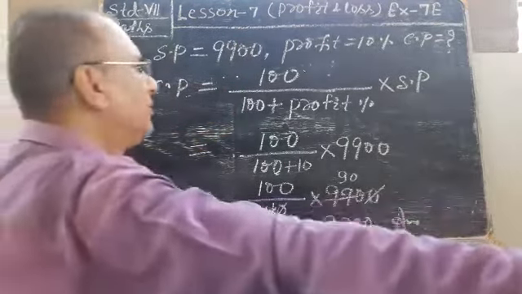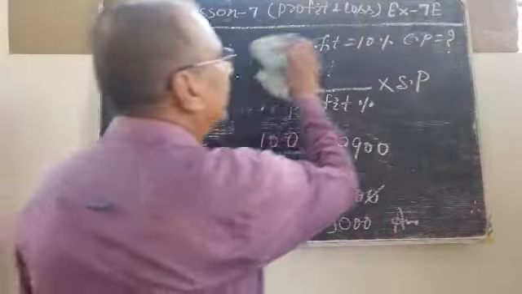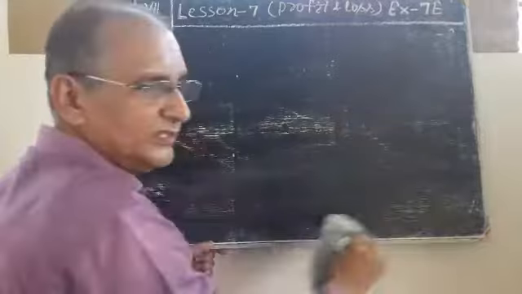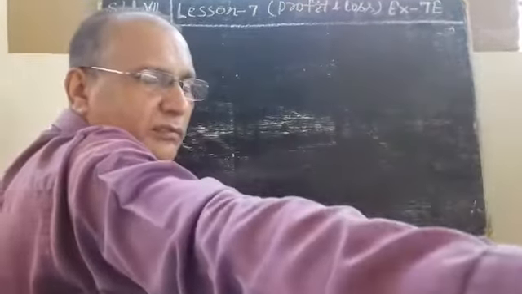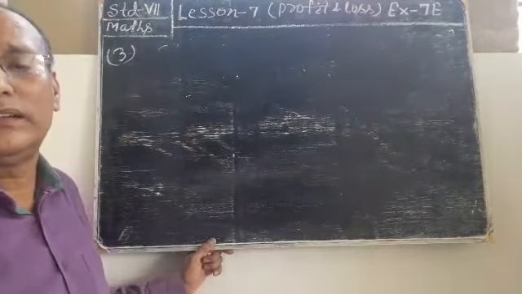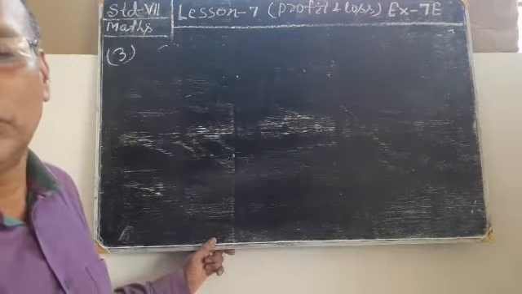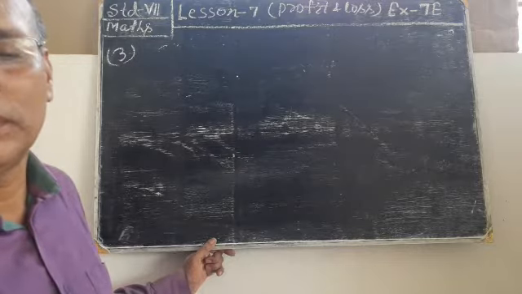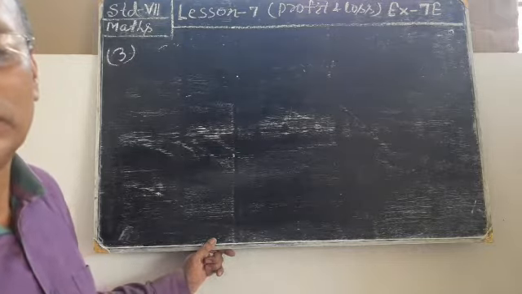So question number 5. Question number 5 is: by selling a TV for rupees 24,000, a shopkeeper makes a profit of 20%. Find the CP of the TV.